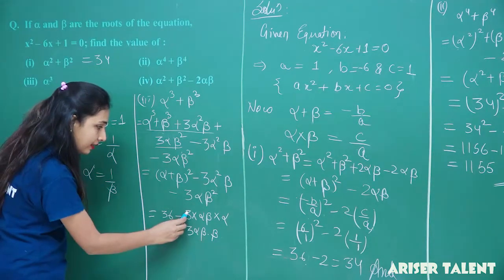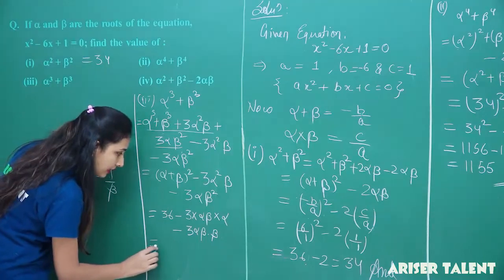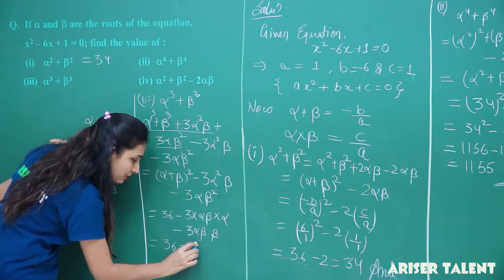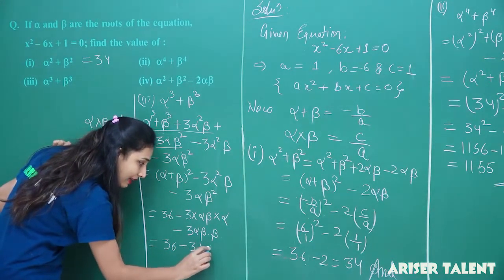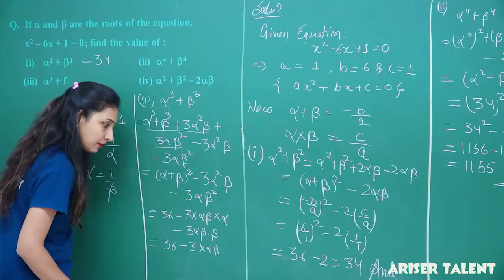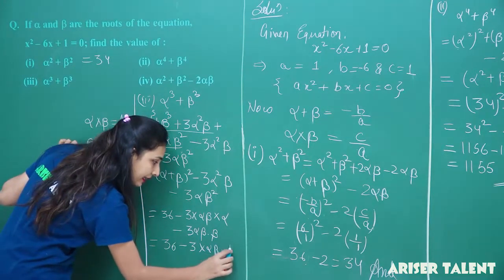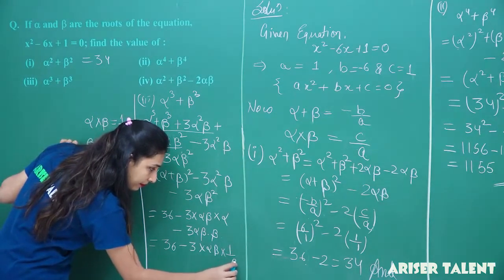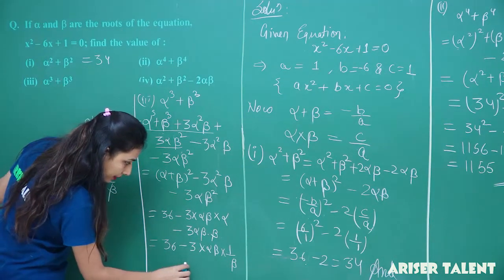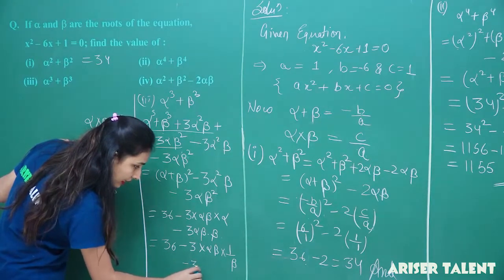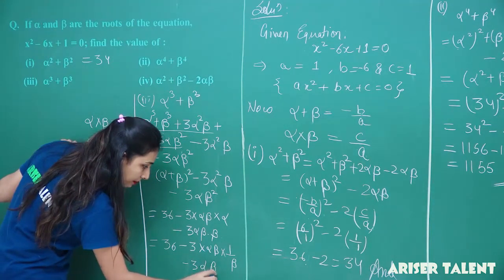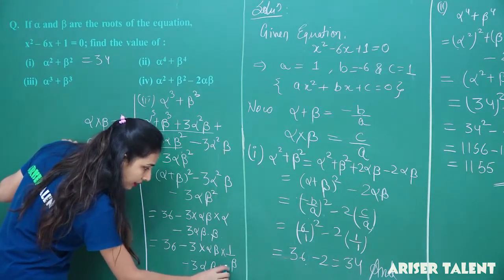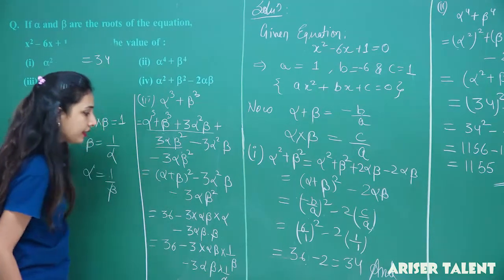So, can I write by this that 36 minus 3 multiplied by alpha beta? Now, I can write it as 1 by beta here, minus 3 alpha beta, and 1 by alpha here.